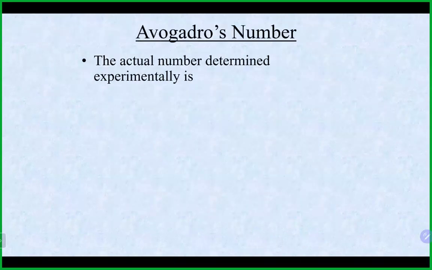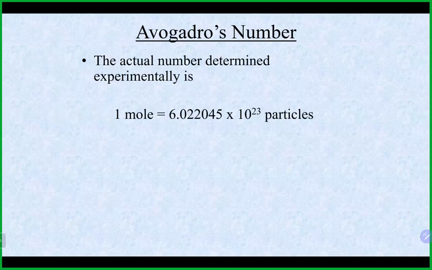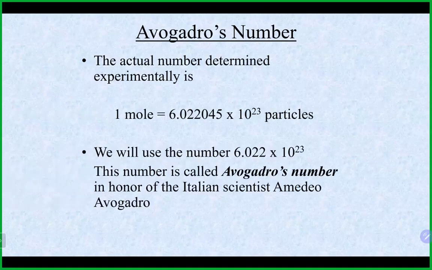That number does have a specific name, and that number represents what is known as Avogadro's number. So when somebody says Avogadro's number, this is the number. The rounded version is typically what people use, the 6.022 times 10 to the 23. Now, Avogadro's number is really used as a conversion factor, and that's how you should think of it.